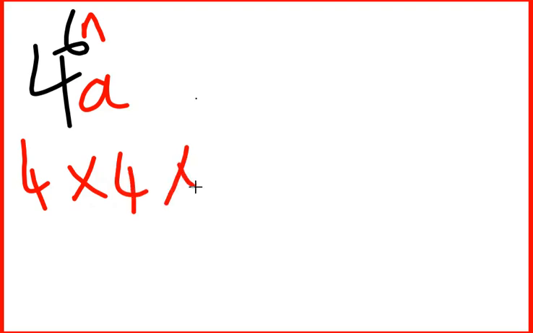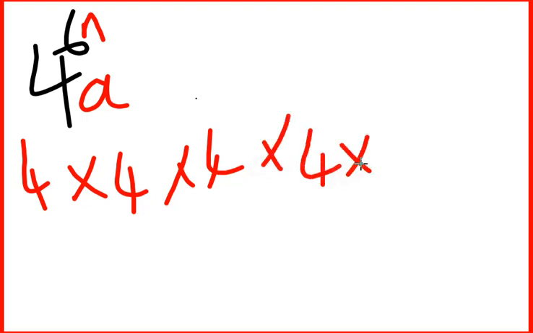We'd say 4 is our a and 6 is our n. So that's 4 times 4 times 4, how many times? 6 times, that's our n. So times 4 times 4 and times 4. That's what a to the power of n, or exponential notation, means.